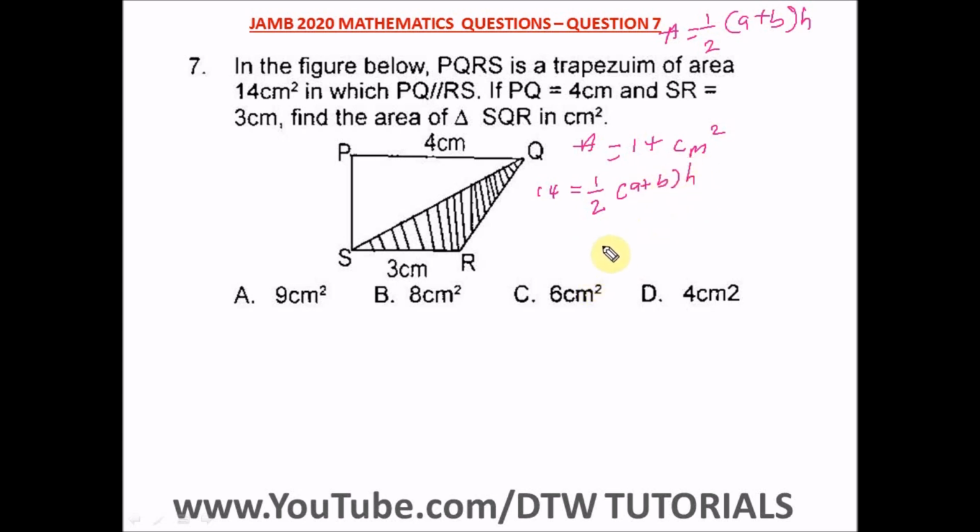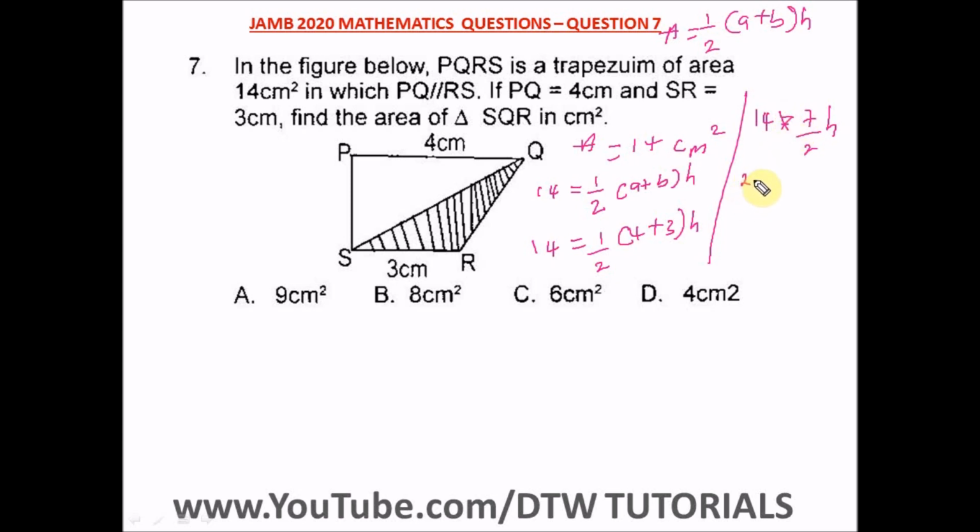Mind you, we are looking for the height, so that we can solve for the area of the triangle. So we have 14 equals 1 over 2 (open bracket) our a is 4, our b is 3, so we have h. Then coming over here, we have 14 equals 7 over 2 h. So let's cross multiply.